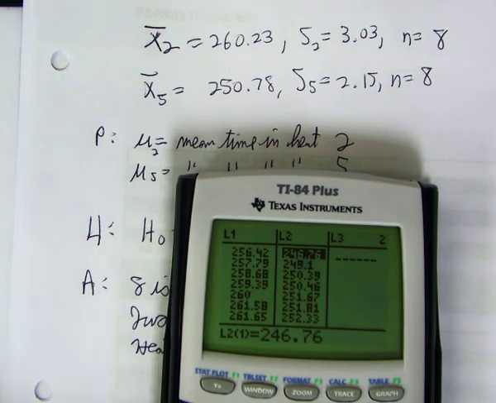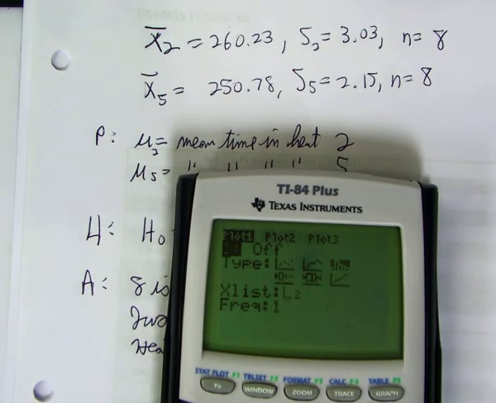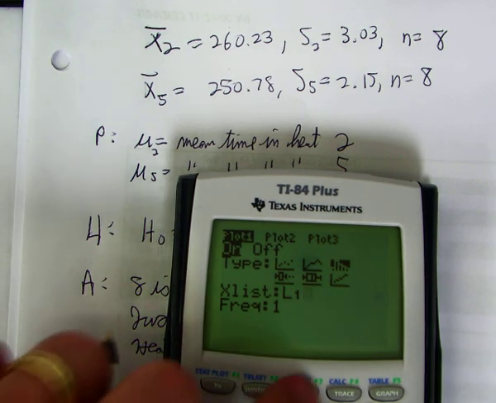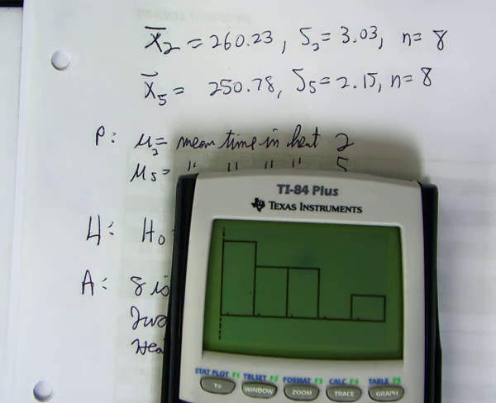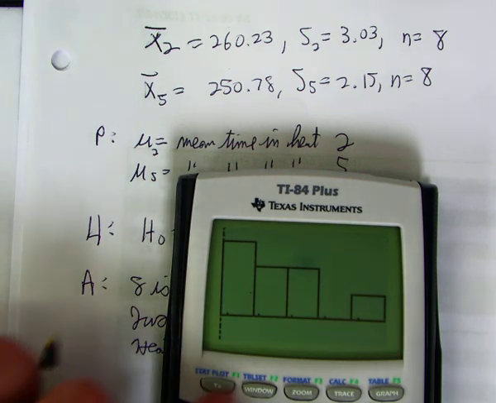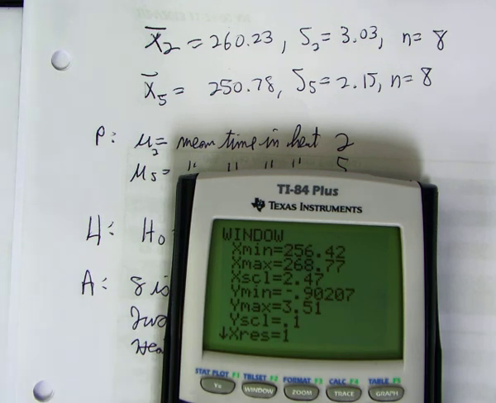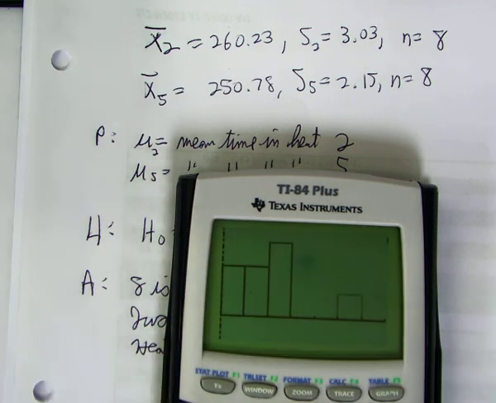So let's go to the calculator, stat plot, turn on plot 1, go to histogram. Okay, so that's for heat number 1. Let's see what my window is. I'm going to go from, it looks like, around 256 to 270 by 2s.